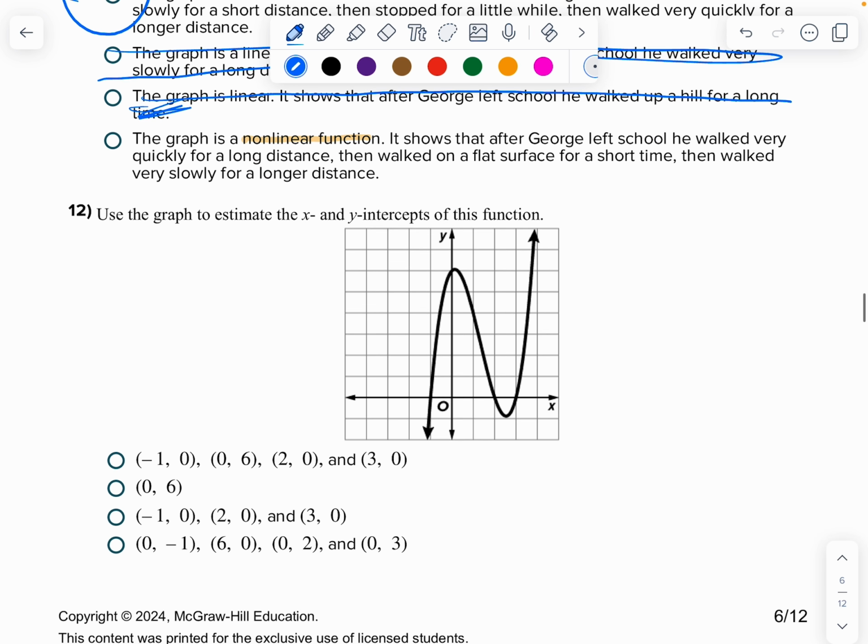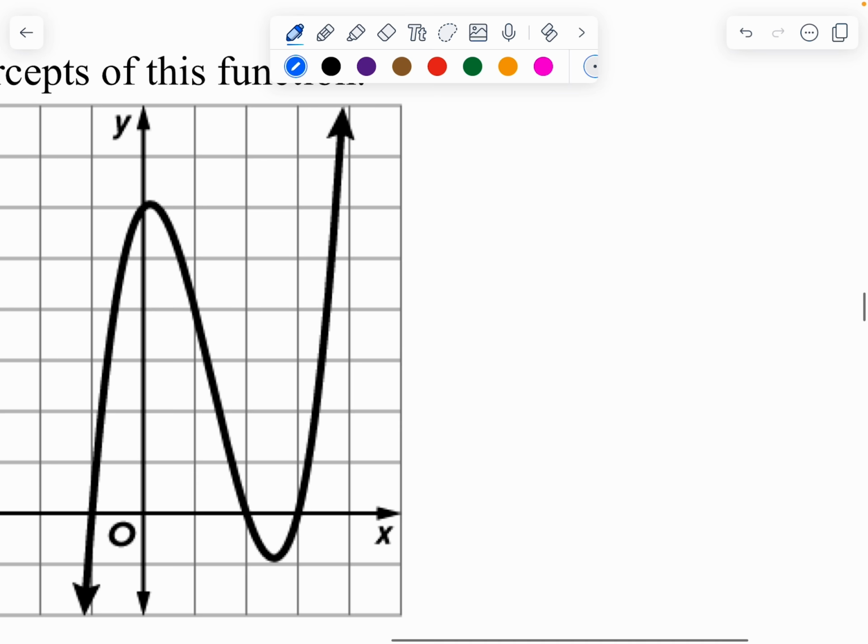It says use the graph to estimate the x and y intercepts of this function. So this right here is the point -1, 0. This is approximately 1, 2, 3, 4, 5, 6. That's approximately that. This is 2, 0 and 3, 0.